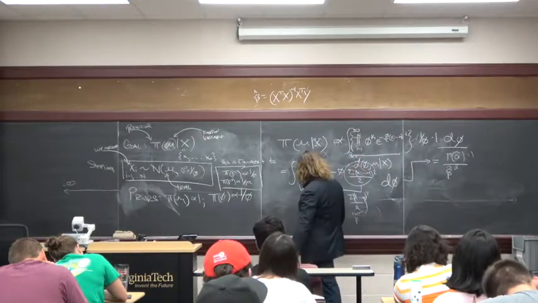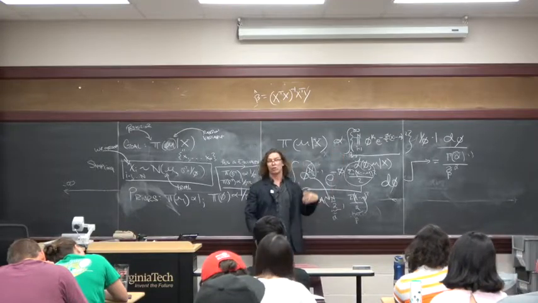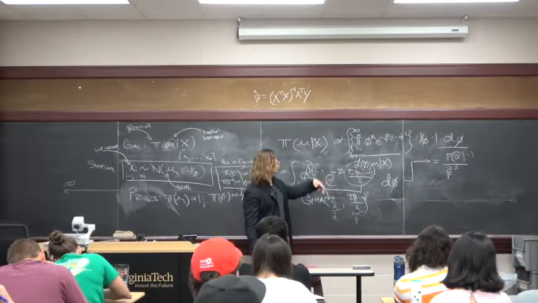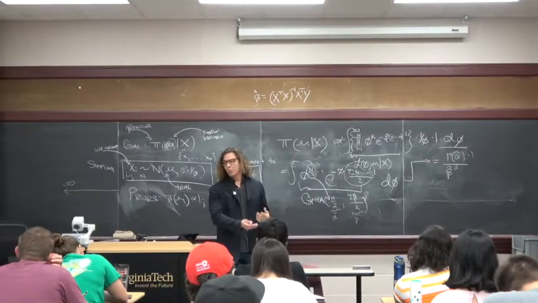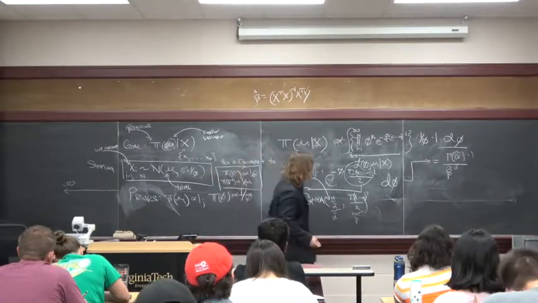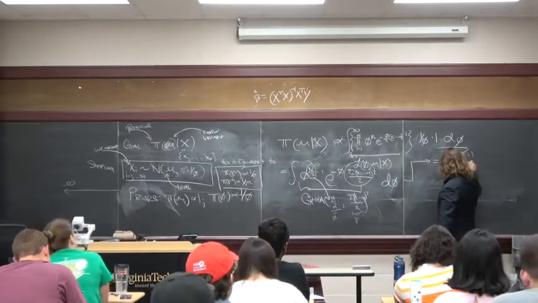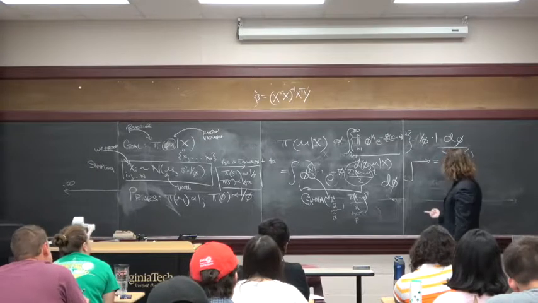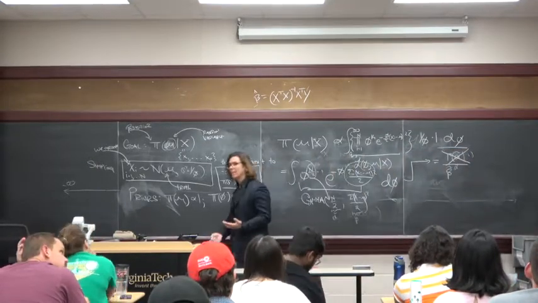Don't psych yourself out. We have to remember that this was always written down up to proportionality. And so as soon as I went to proportionality, while I might have equality between lines, the answer I'm looking for is still up to proportionality. So I don't have to worry about that. That's just a number. If I plug everything in, that's the gamma function of n over 2, and those just contain numbers.